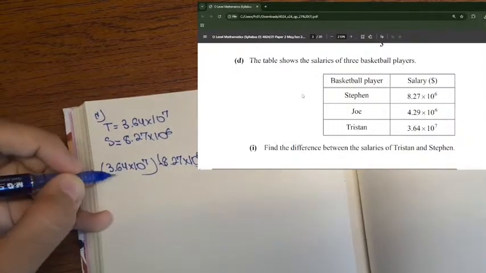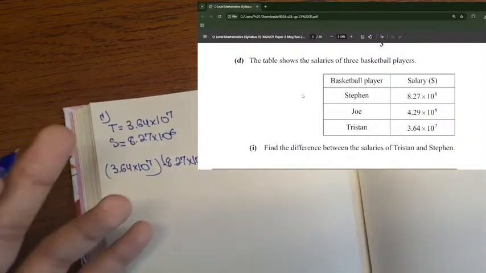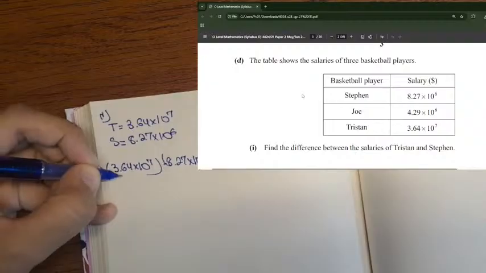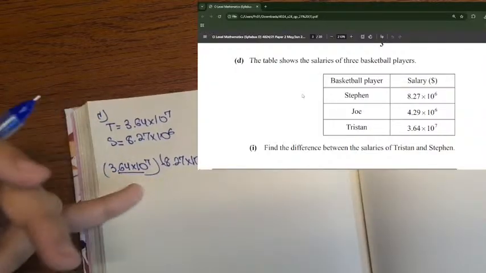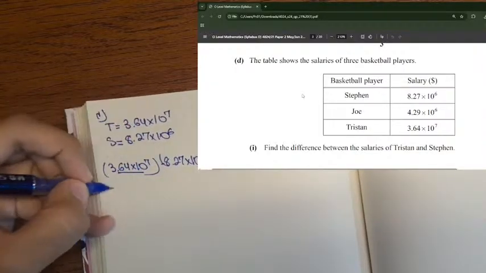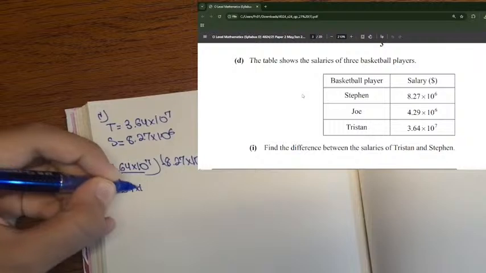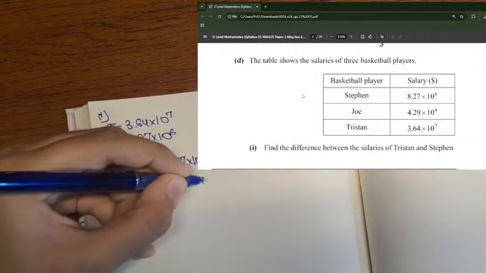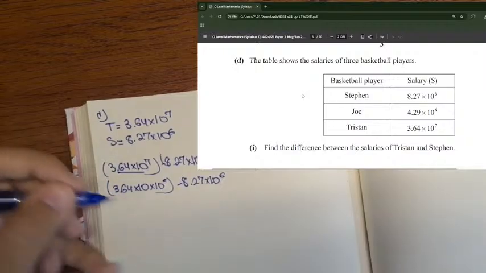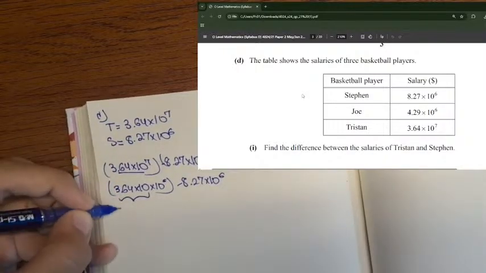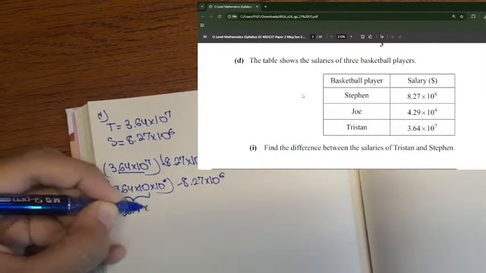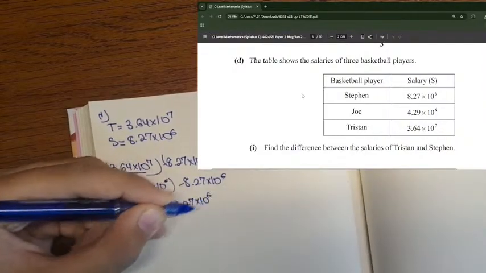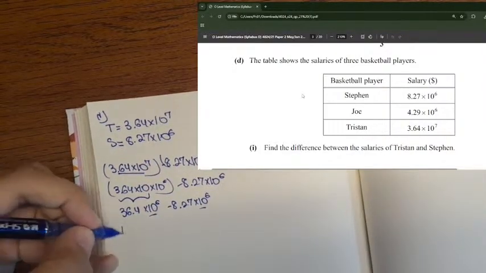So what we can do in order to make this easier for us, instead of going on full calculator mode and expanding these, we can basically rewrite 3.64 times 10 to the power 7 by moving one 10 away from this. So this becomes 36.4 times 10 to the power 6 minus 8.27 times 10 to the power 6. Now you might be wondering why we did that. Since both have 10 to the power 6, we can take that common.